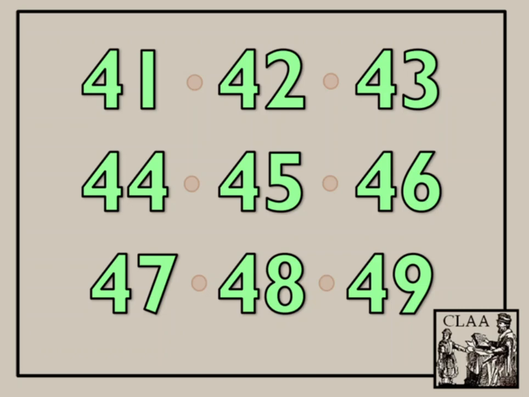You can see it written with a 4 and a 1 at the top. 41, 42, 43, 44, 45, 46, 47, 48, 49. The number 49 tells us that there are 4 sets of 10 and 9 units more.